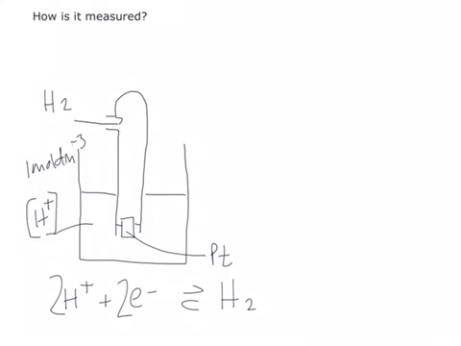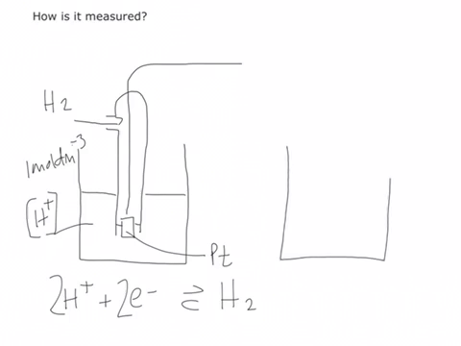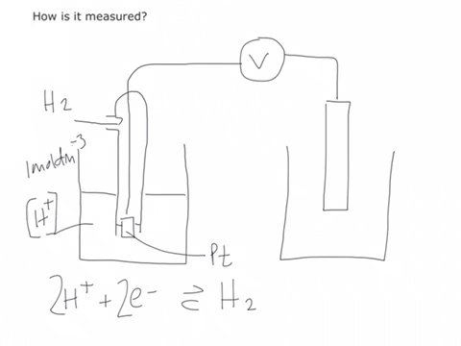coming through here. Now, this will be connected to another half cell, whatever it may be that you are wanting to find the electrode potential of, and this will be a high resistance voltmeter there.